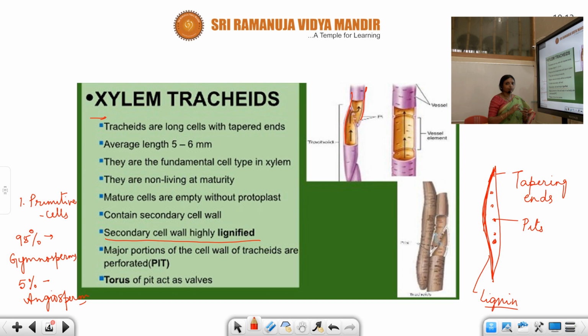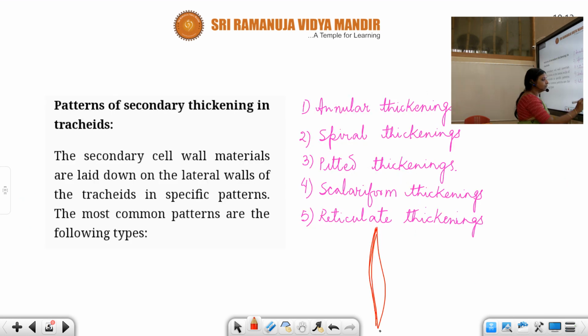Patterns of secondary thickenings in tracheids. When we discussed the wall material, because it is an elongated structure, as we have seen, with tapering ends, a secondary cell wall is present. Here the inner wall layer is deposited with some material.